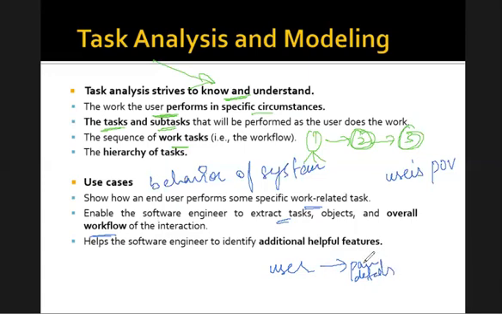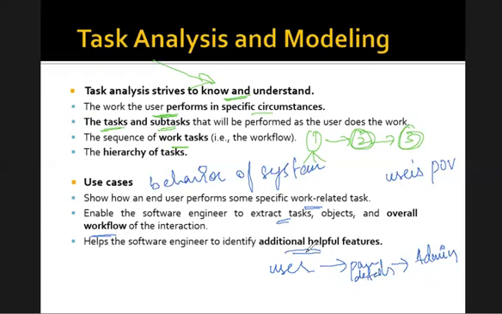So when you put in these PAN numbers or the different details, then you have this bank person, that is the administrator at the bank. He is going to verify all these details, and when the admin accepts the form, then your account can be created. Then it also helps the software engineer to identify additional helpful features.